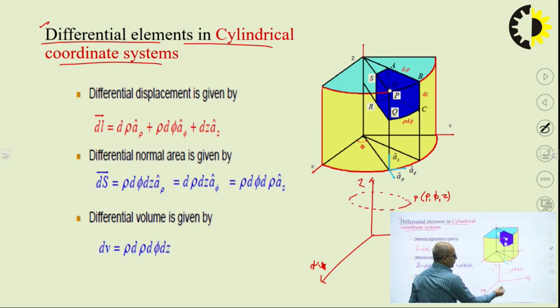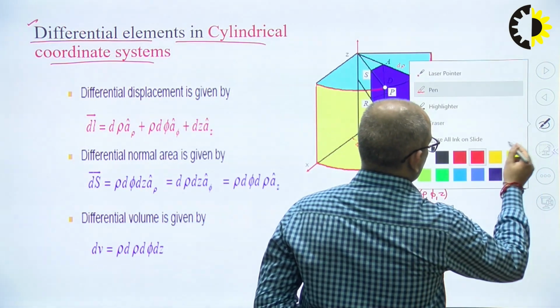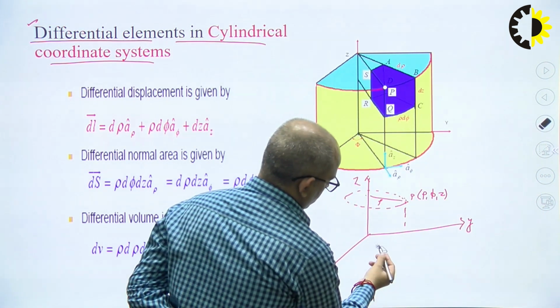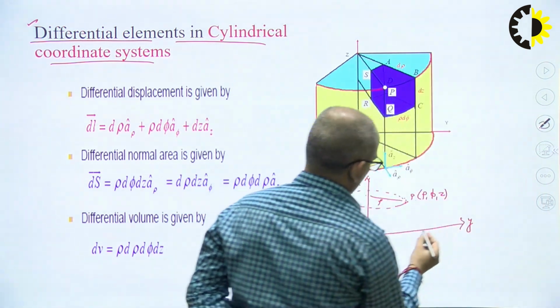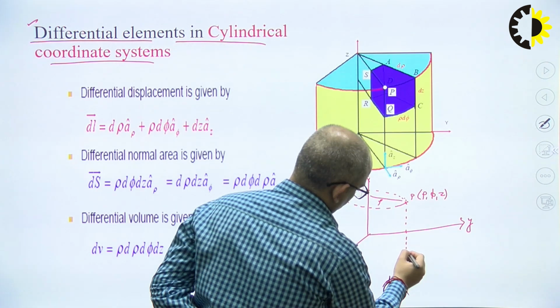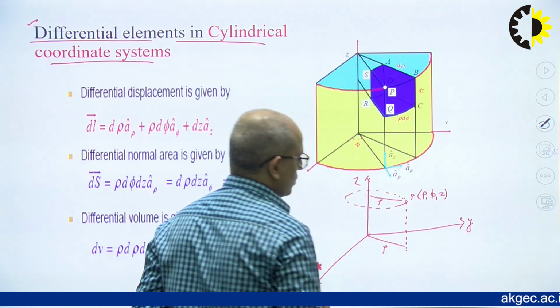Okay, and if I take the transformation of P at this plane, this one is P, and you know that this one is the what? Rho, so you will see that this one is also this one is the rho.